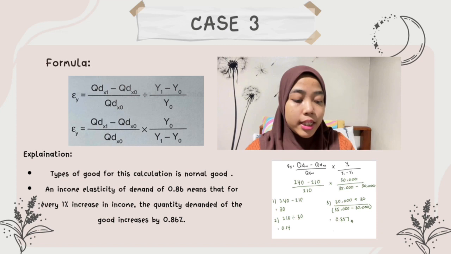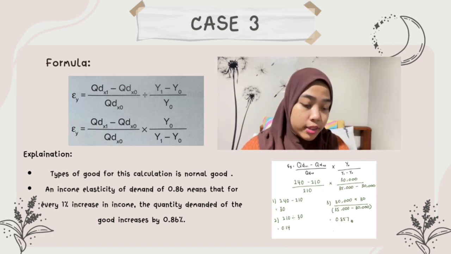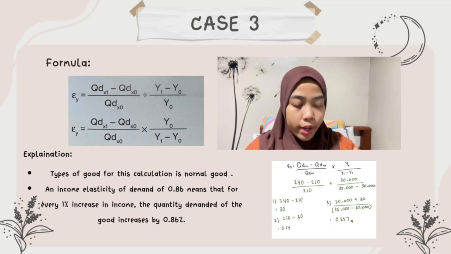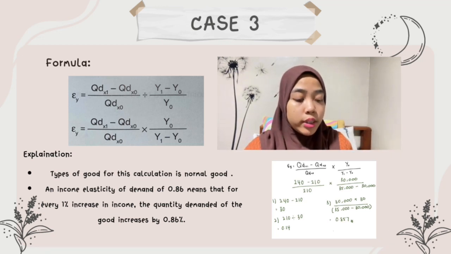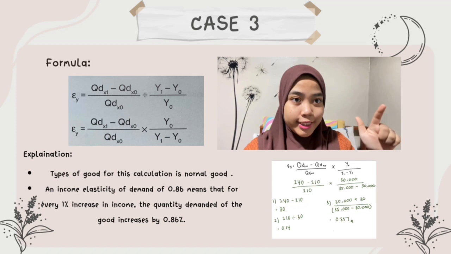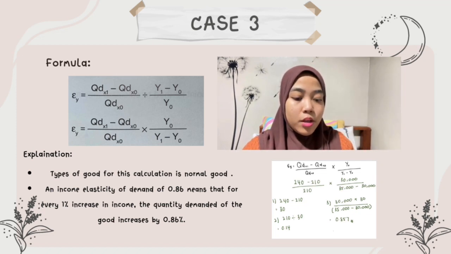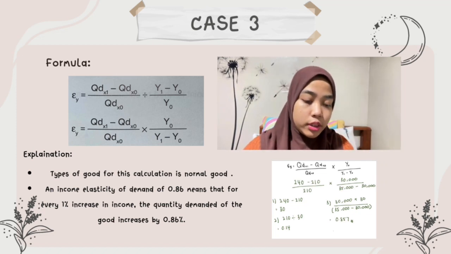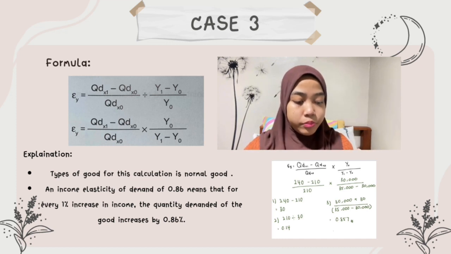The second thing we need to identify is which one is quantity demanded and which one is Y. For 30,000, the quantity demanded is 210, while for 35,000, the quantity demanded is 240.